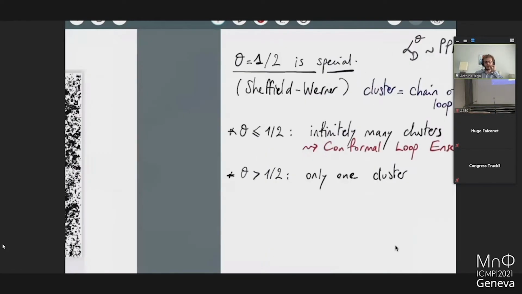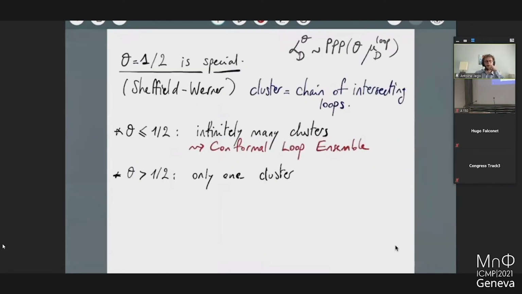And so now I want to argue that theta equals a half is a special point. Remember, theta is this parameter that we have in the intensity measure. Indeed, if we look at the clusters of loops, meaning that we look at all these chains of intersecting loops, then we see that there are two regimes.